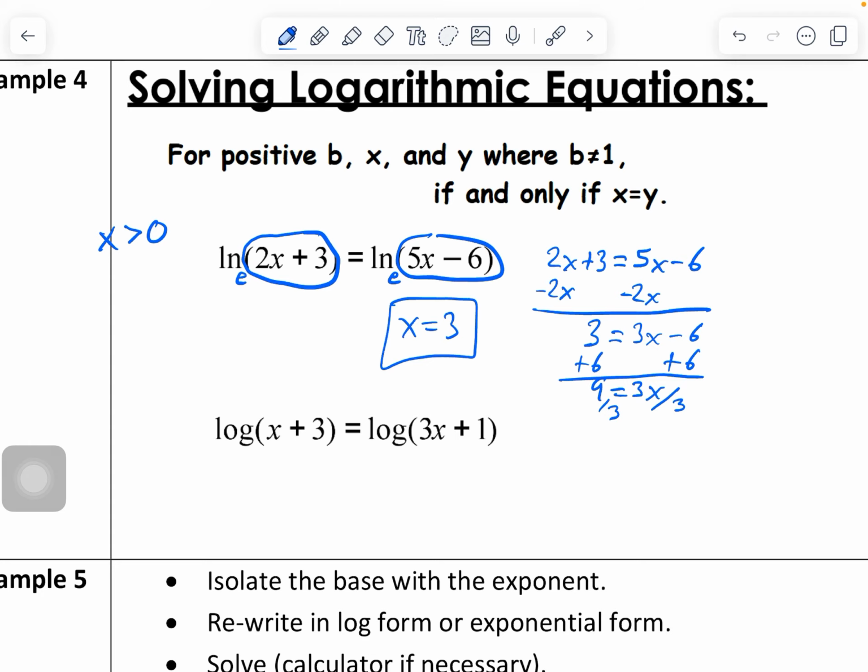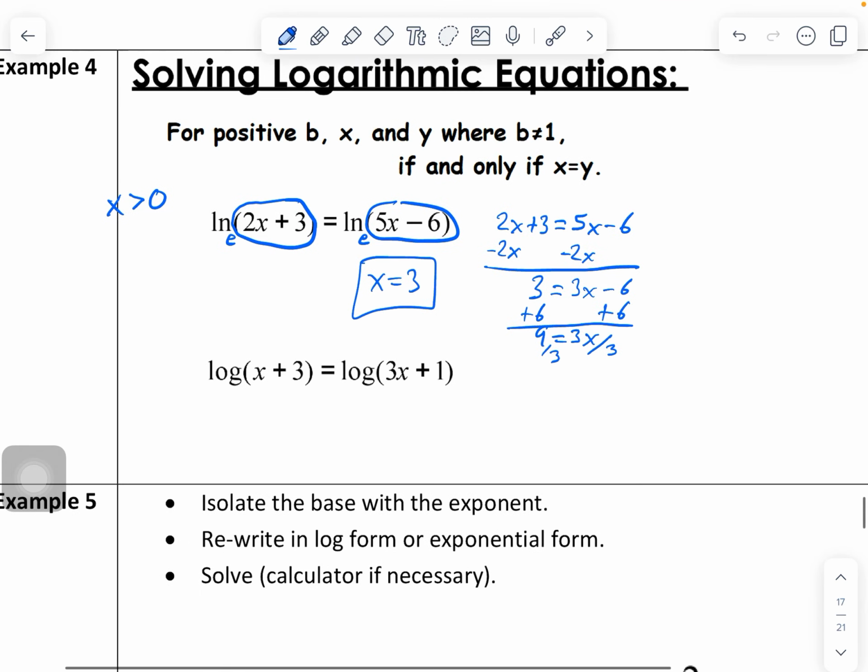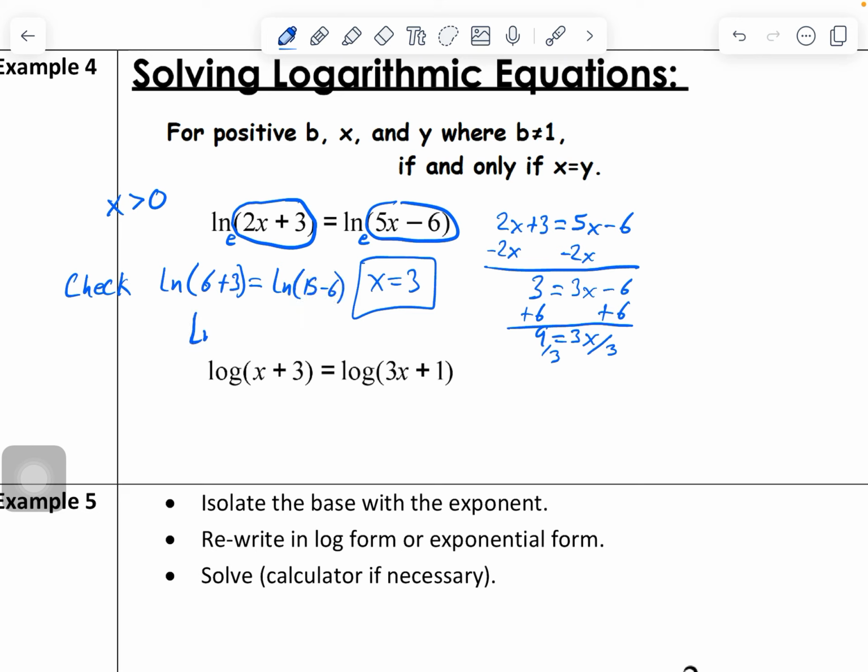We can't take 0 or anything smaller like a negative. So if we plug in 3, this is our check process, we would get the natural log of 2 times 3, which is 6. 6 plus 3 would have to equal the other side, the natural log of 15 minus 6. So we'd get the natural log of 9 equal to the natural log of 9. That's a good solution. It works.